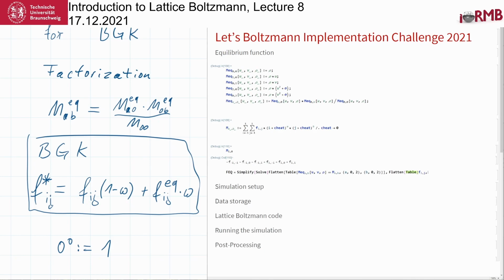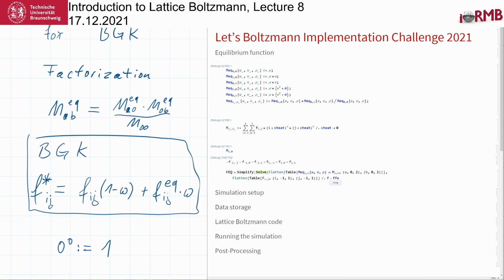And there's the same number of equations, but they are going from -1 to 1, and i from -1 to 1, and j of course also from -1 to 1. And once we've done this, we replace f by a new variable that we call ff equilibrium.